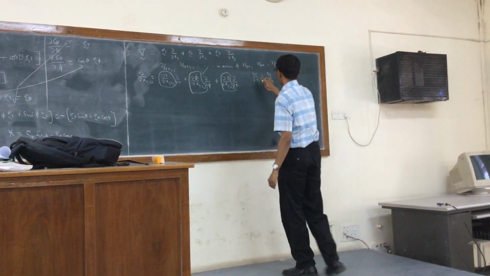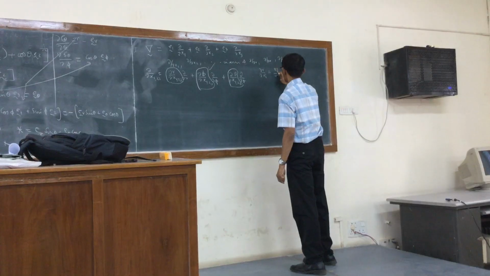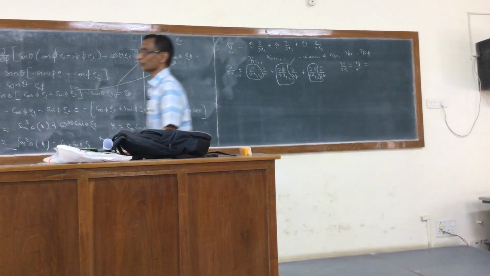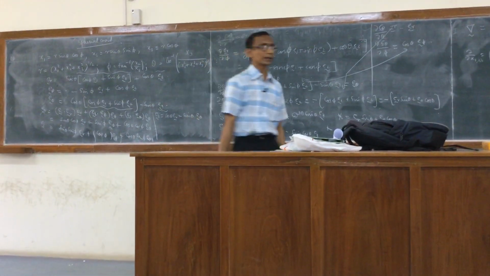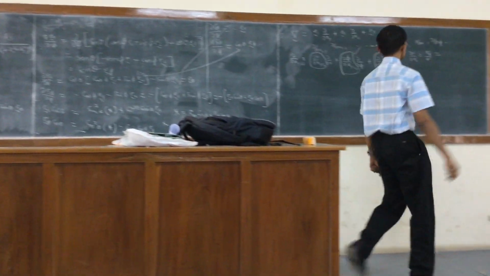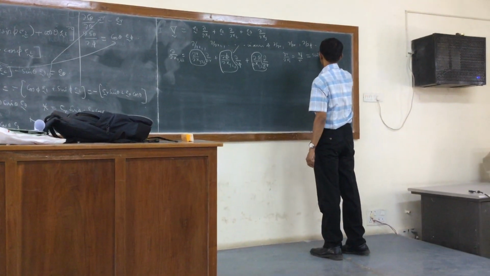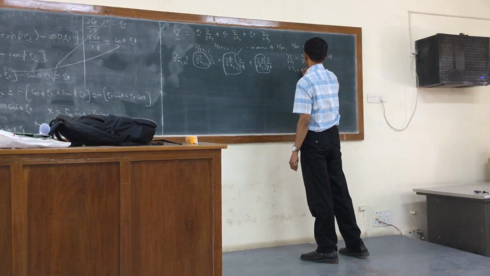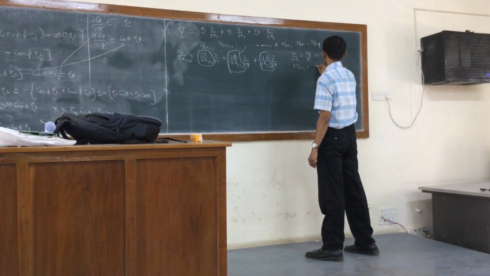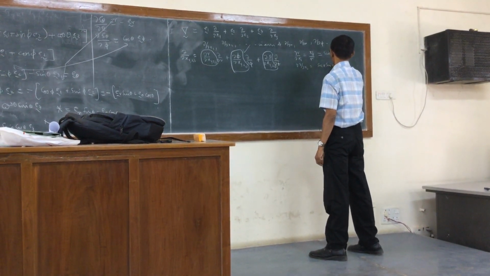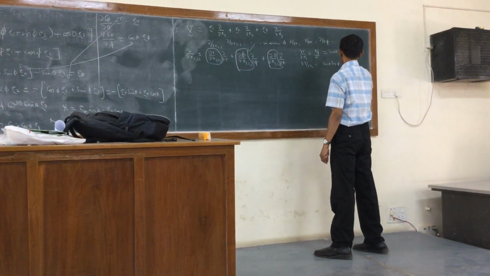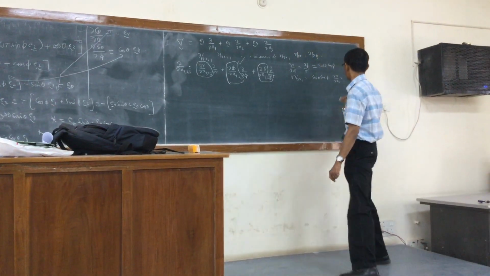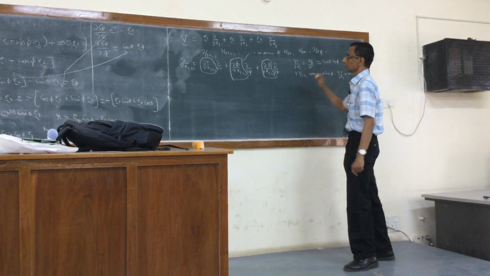For x1, I have x1 in terms of r, theta and phi as r sin theta cos phi. So this is sin theta cos phi, and dr by dx2 is x2 by r, which is sin theta sin phi, and dr by dx3 is x3 by r, which is cos theta. So those are already there.